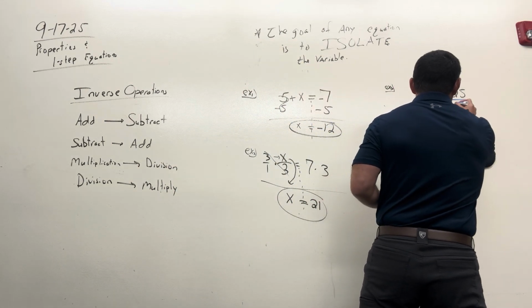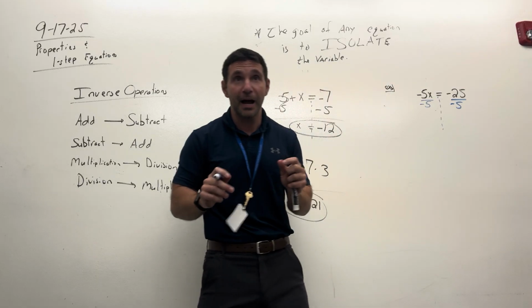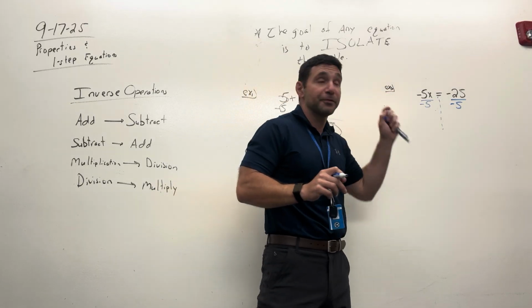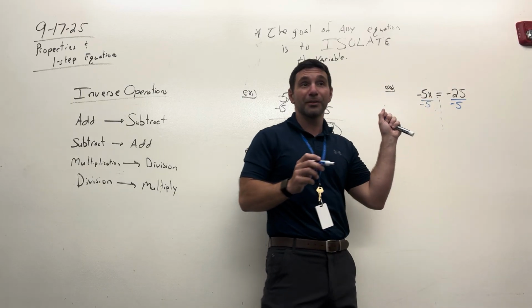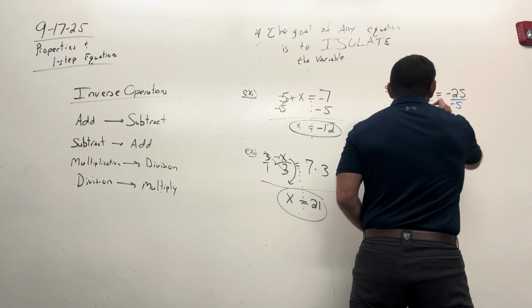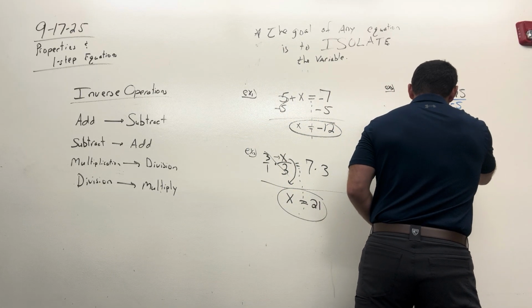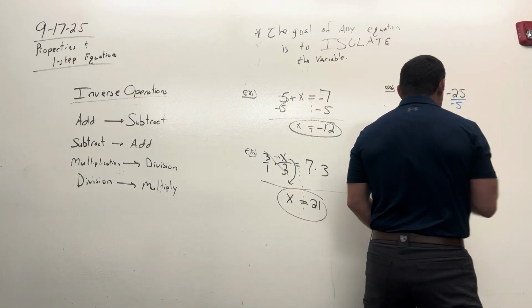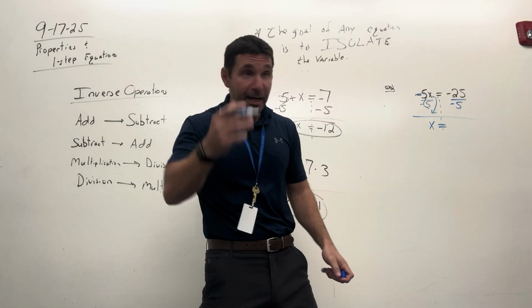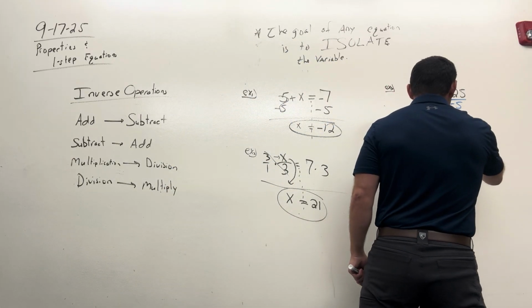I'm dividing both sides by a negative 5. Because negative 5 divided by negative 5, listen, that's the multiplicative inverse, is 1. 1 what? 1x. And then negative 25 divided by negative 5 is positive 5.